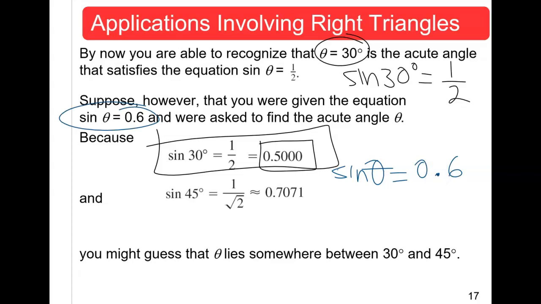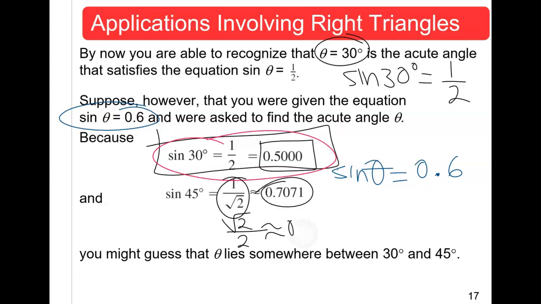Because we know the first one, sine of 30 is 0.5, and you might not know this next one yet, but it could also be written, if we rationalize the denominator, as the square root of 2 over 2. And if you know it, that's great.